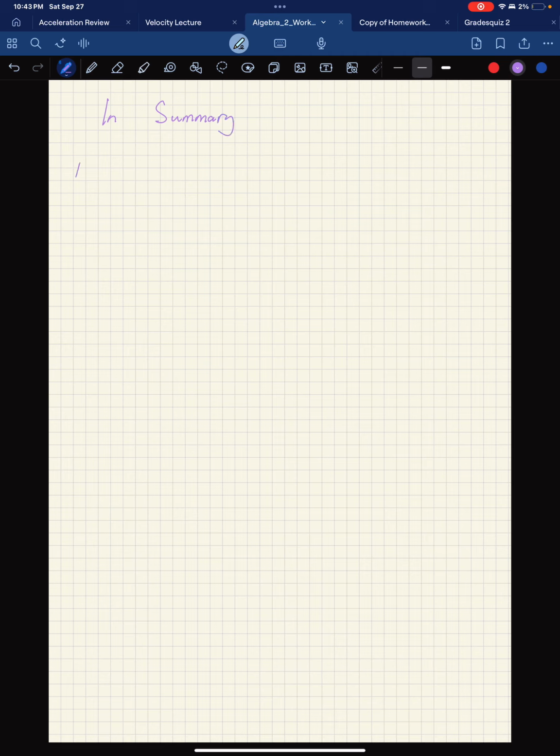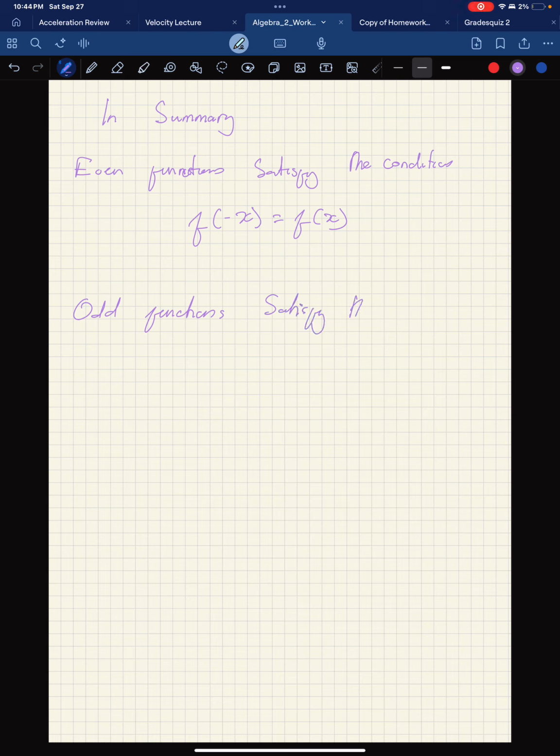even functions satisfy the condition f of minus x is equal to f of x. And then odd functions satisfy the condition f of minus x is equal to minus f of x.